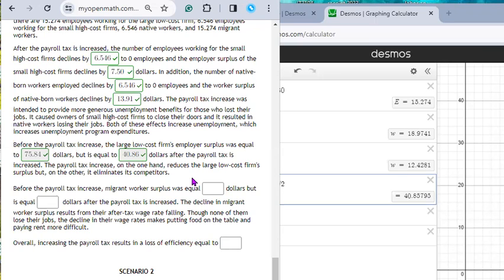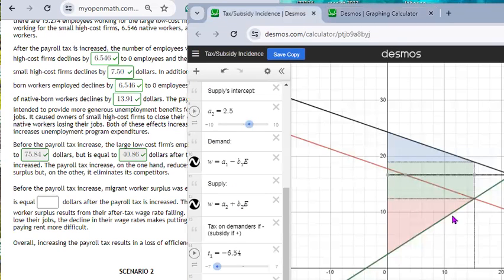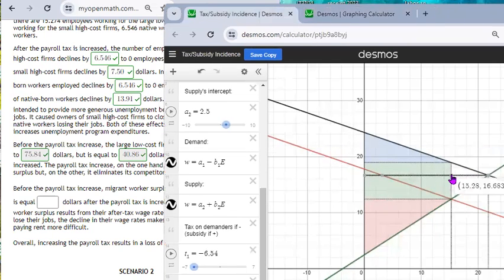Now, before the payroll tax increase, migrant worker surplus was equal to what? Okay, so now remember this white triangle here, we've already calculated the area of this white triangle, right? And that is the worker surplus of native-born workers, right? That is not included in the migrant worker surplus, right?